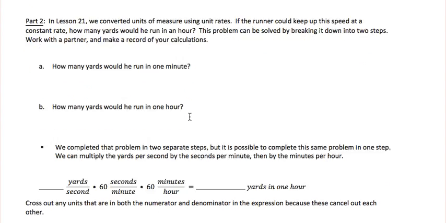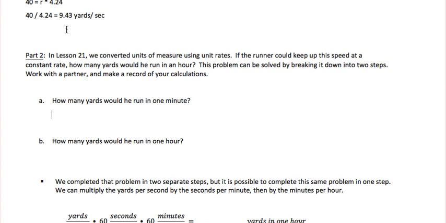In part 2, we're reminded that we were converting units of measures using unit rates. If the runner could keep up this speed at a constant rate, how many yards would he run in an hour? So first of all, what we want to do is figure out how many yards he would run in 1 minute. We know that his rate is 9 4300 yards per second, and we know that there are 60 seconds in 1 minute.